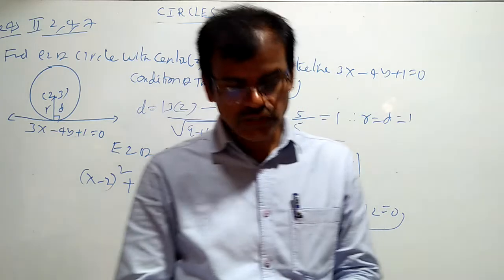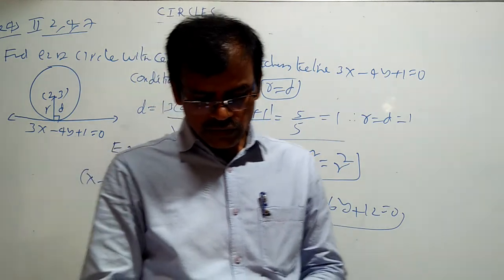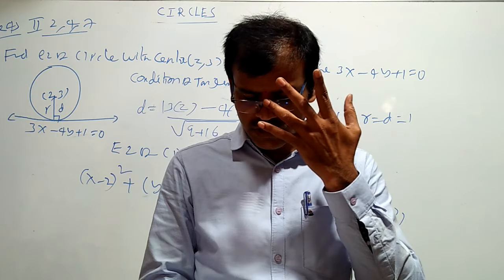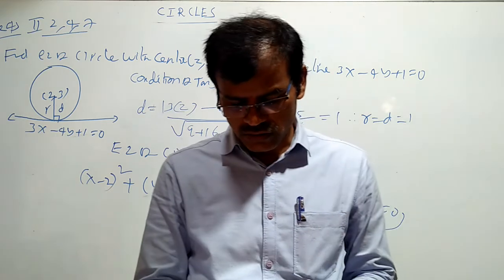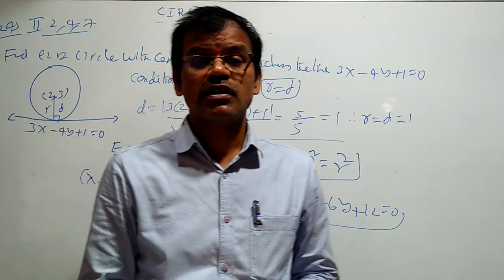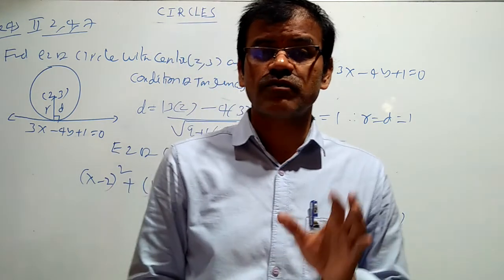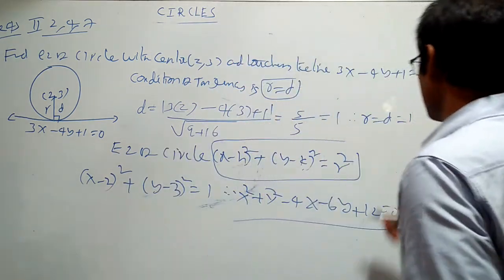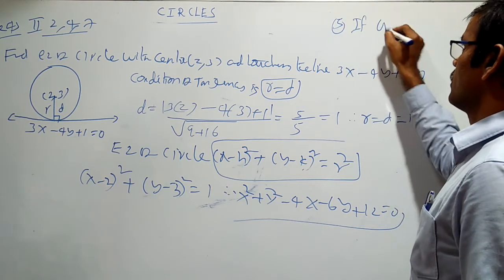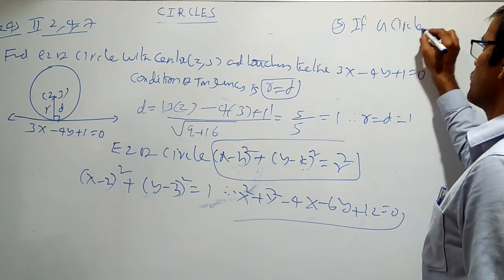Next, the fifth question. Find the equation of circle with center minus 3, 4 and touching y-axis is given. Whenever a circle touches y-axis, a hint I am writing here.